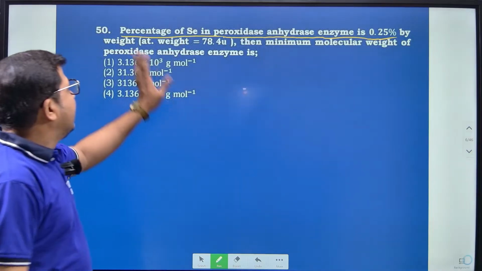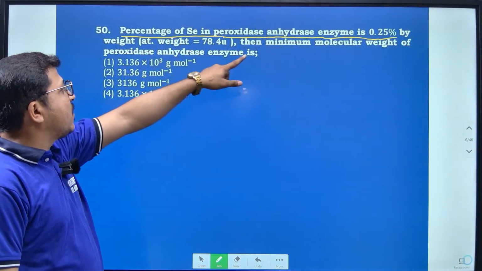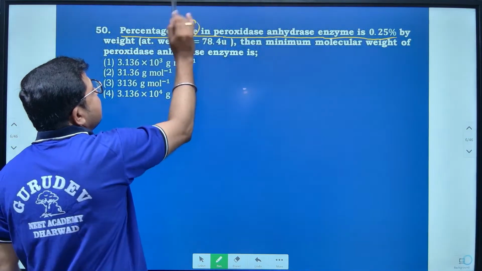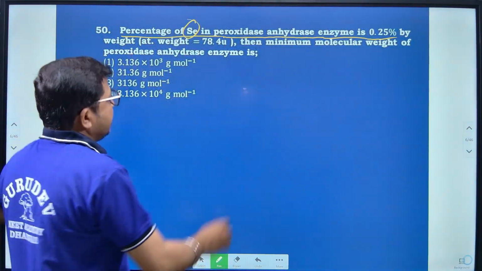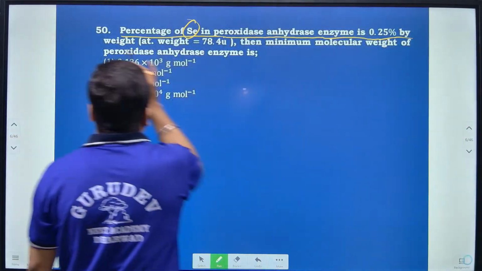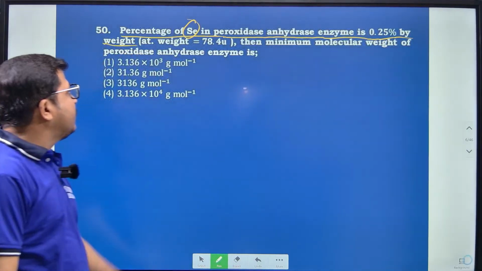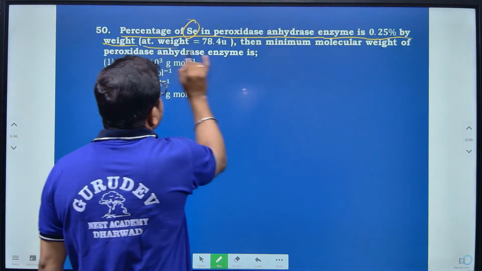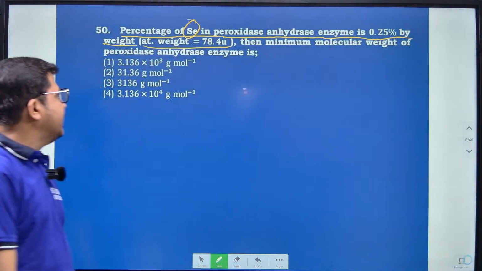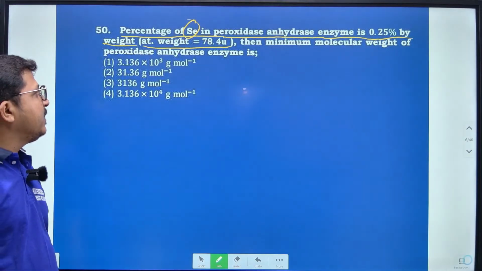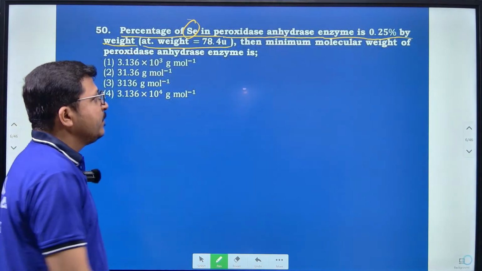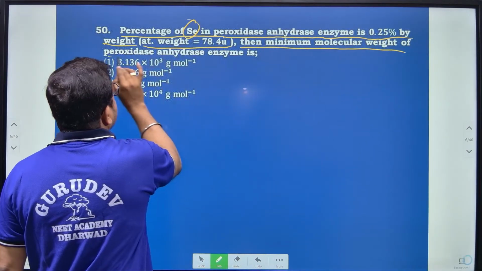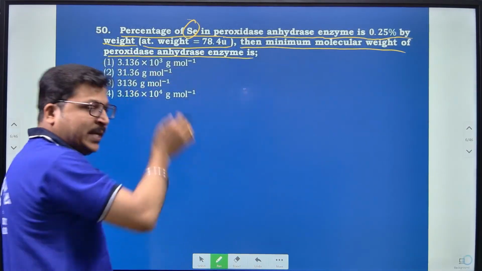That means the weight of selenium is 25% in the compound, and the atomic weight of selenium is 78.4 unified mass. Then the minimum molecular weight of peroxidase anhydrase enzyme is?